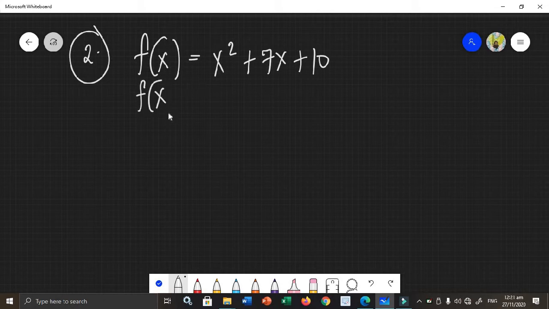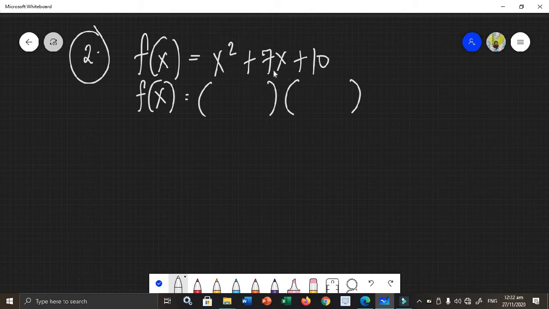For you to be able to factor this, you're going to think of factors na kapag minultiply mo, 10 yung sagot, positive 10, kapag inadd mo, positive 7 yung sagot. Kasi this is factoring general trinomials.